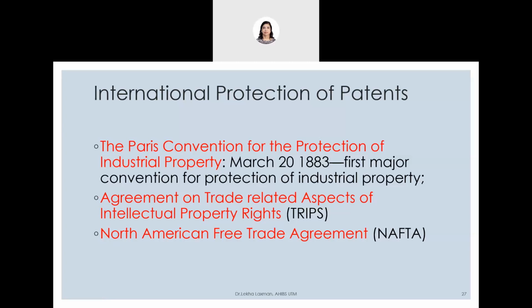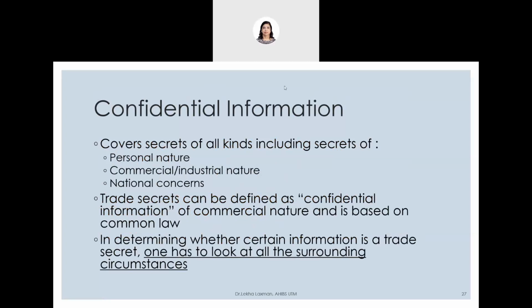Okay, so if patents are not preferable, then what alternative does a business have? I think you saw it in last week's video. If you do not want to protect your invention through patents, then you have an alternative, which is a very old system. It's called confidential information.